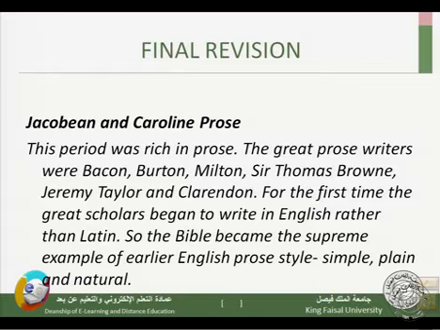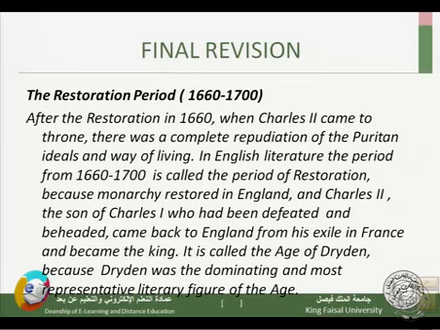For the first time, the great scholars began to write in English rather than Latin, and this is the development that happened during that time, which is that the writers started to write in English, not in Latin as it was happening before. So the Bible became the supreme example of the earlier English prose style, simple, plain, and natural.